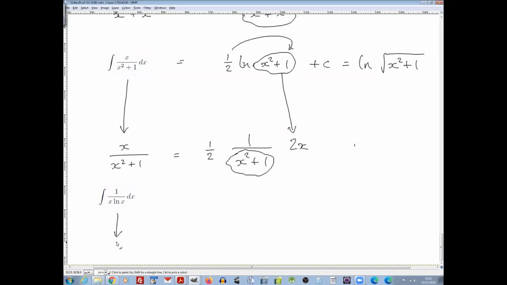So 1 over x times log x. How shall we parse that? Maybe x log x is the blob, with obviously a blob inside a blob. We are tempted to think that, aren't we? X log x could be the blob, and then we've got 1 over that, or power of minus 1.